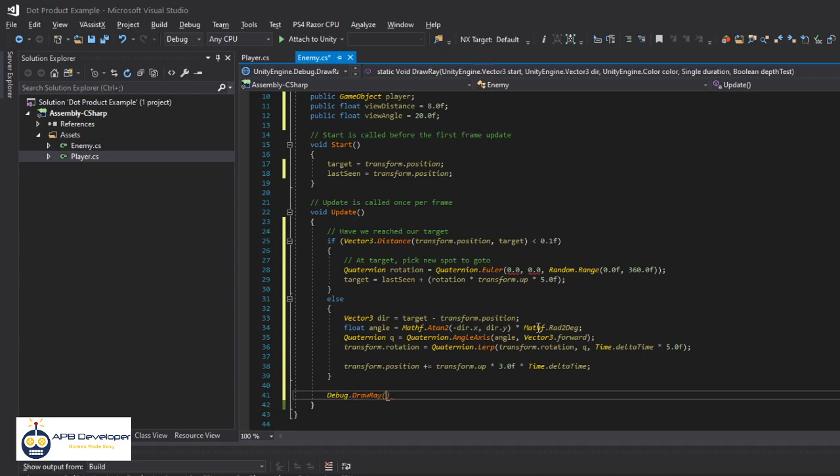I'll draw a similar ray, so from our transform position, transform up. We'll do it based on the view distance, and we'll do it in yellow.